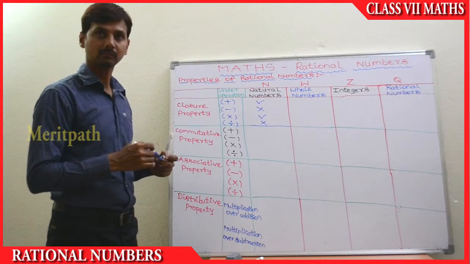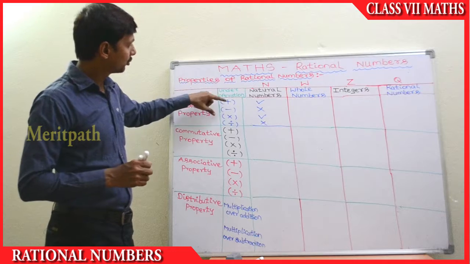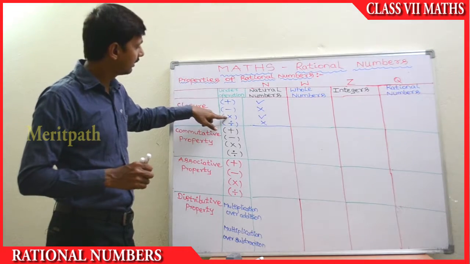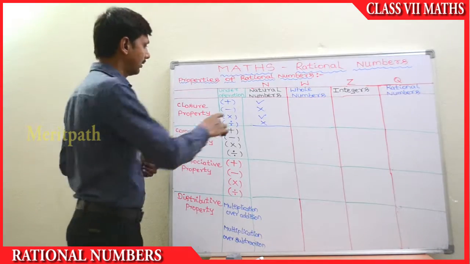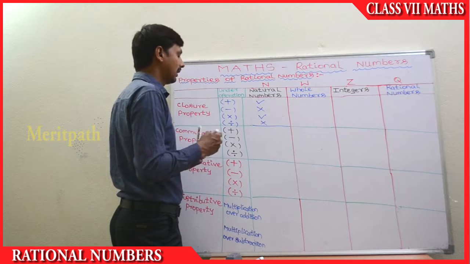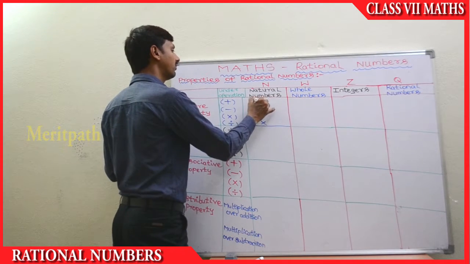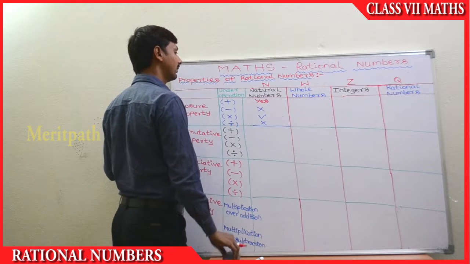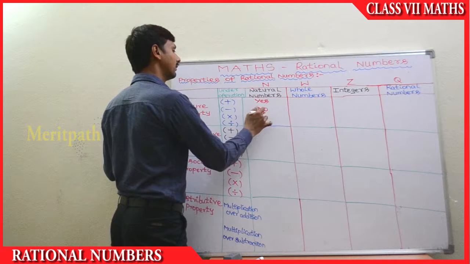We have taken a cross mark, but to avoid confusion with multiplication, it's looking like multiplication. So let's write in a different form, and we'll write yes and no. Then it will be easy for us to identify yes and no. The first is yes, it's possible.